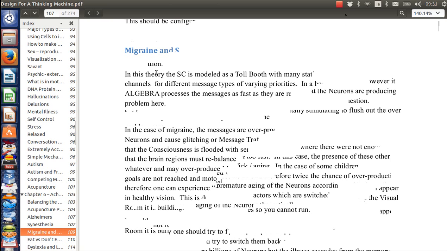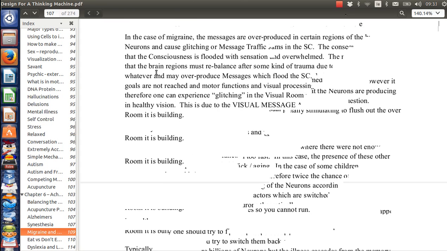So what happens in a migrainer, according to this theory, is that all blocks up. Either there's a problem at the toll booth, which is the system consciousness part of the brain, or the messages are coming in too fast on a particular topic. So it's real important that the messages are balanced with the system consciousness, using some kind of a queuing theory slash toll booth analogy.